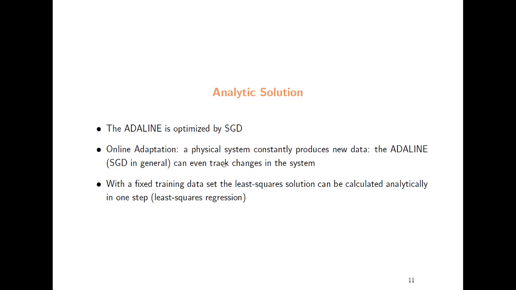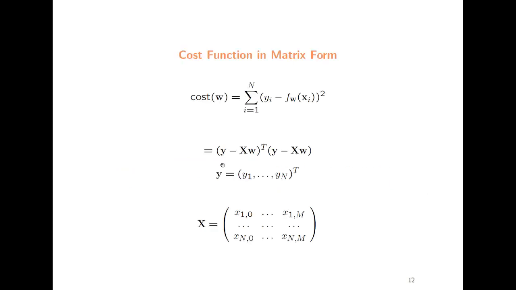With a fixed training data set, so we don't do this online adaptation now, the least squares solution can be calculated analytically in one step. This is then also called least squares regression. So again, let's look at the cost function, and now we look at this design matrix again. Here I've written it again, and y is the vector of targets.